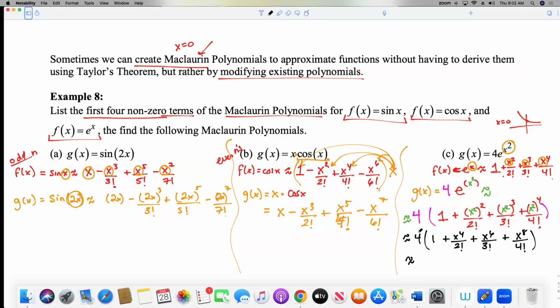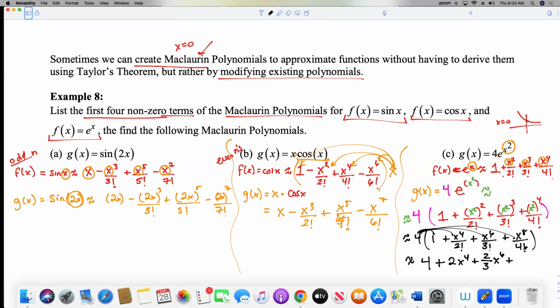And then the last part, I'm going to distribute the 4. So we got 4 plus 4/2, which is 2x to the 4th, plus 4/6, yep, 6, because that's a 3 factorial. So that's going to be 2/3 x to the 6th plus 4 over 4 factorial.